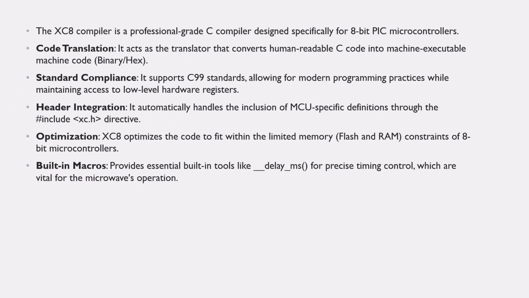Next, the compiler which we used is the XC8 compiler. It is a human readable C compiler that converts code to machine code, optimizes the memory usage, and provides built-in delay functions, which are essential for timing control. The XC8 compiler also handles multiple files, headers, and project organization for easy hardware interfacing.